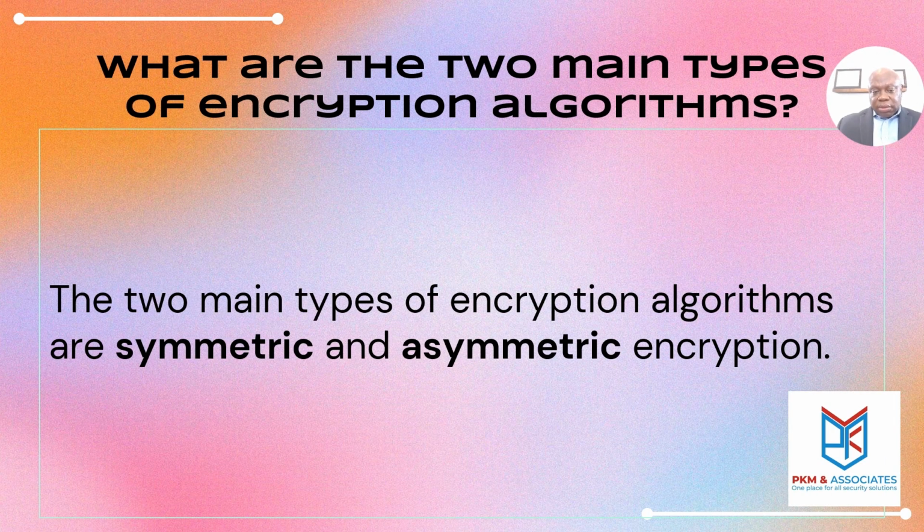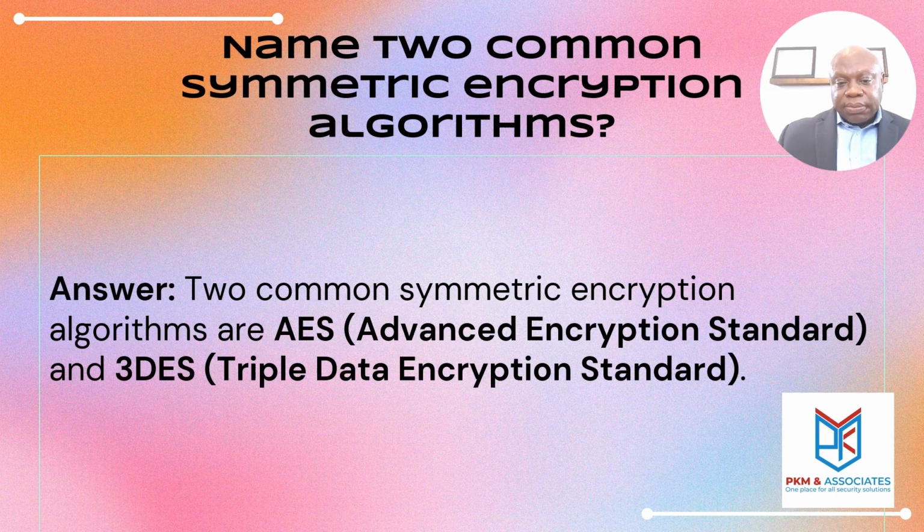So to go back to the questions: what are the two main types of encryption algorithms? Symmetric and asymmetric. Name two common symmetric encryption algorithms. The two most common are Advanced Encryption Standard and Triple Data Encryption Standard.